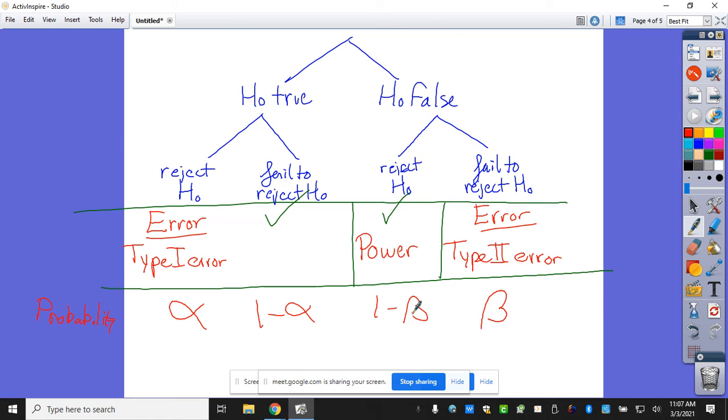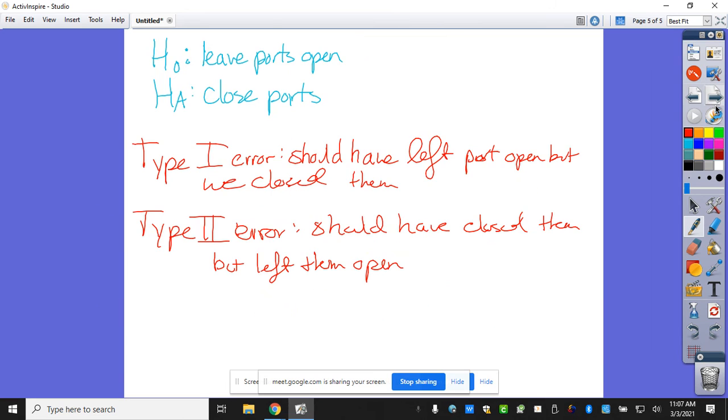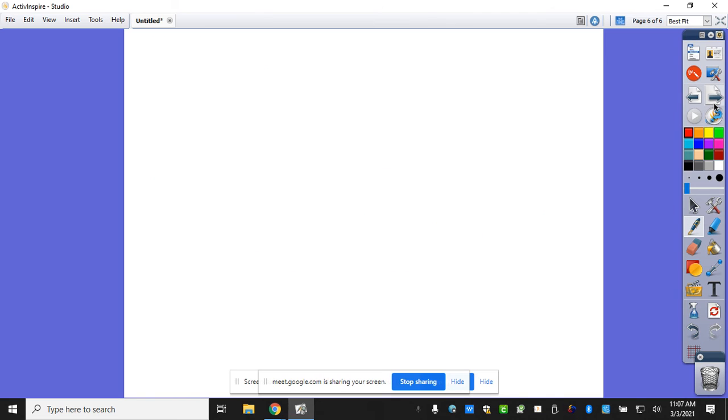All right, so let's look at an example. I want you to write about type 1 and 2 errors, and I want you to think about it as answering these 3 questions in this order.